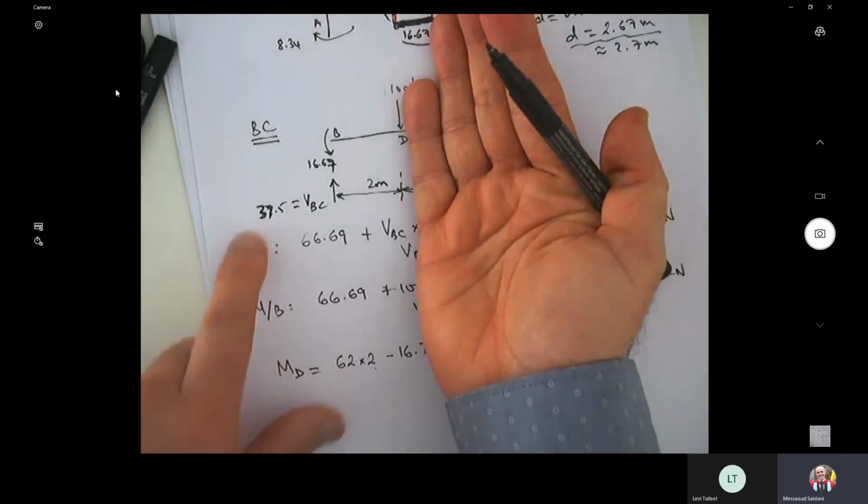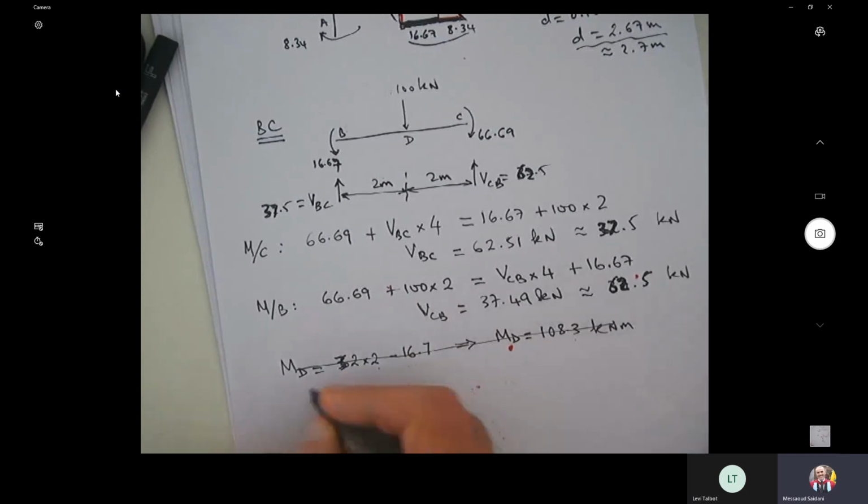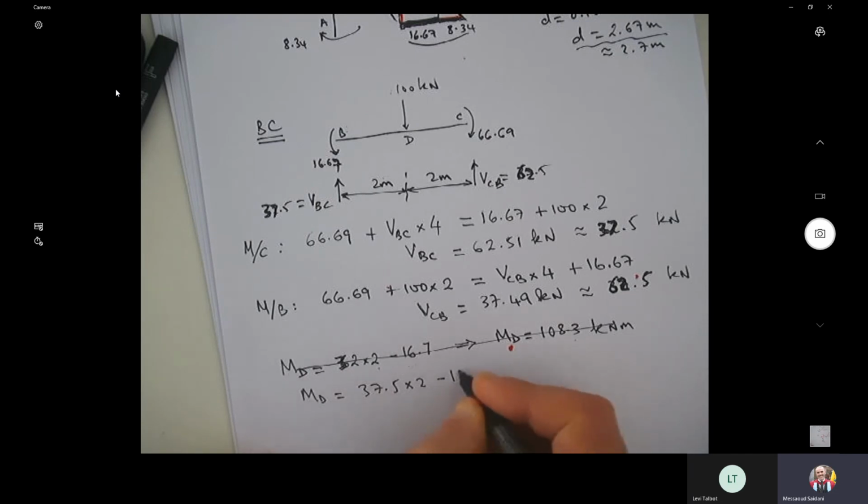So, MD from the left we have 37.5 times 2 minus 16.67, if I want to leave it as two decimal places.